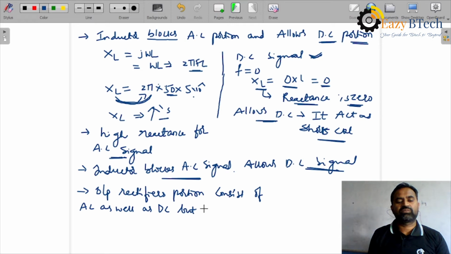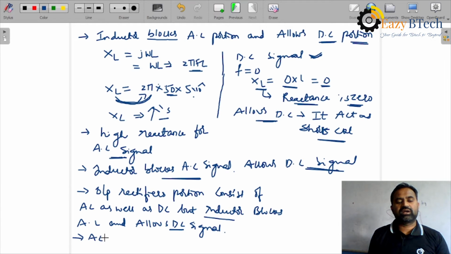But the inductor blocks AC and allows DC signal. Across RL, DC signal is present.